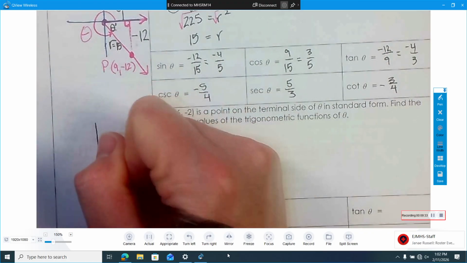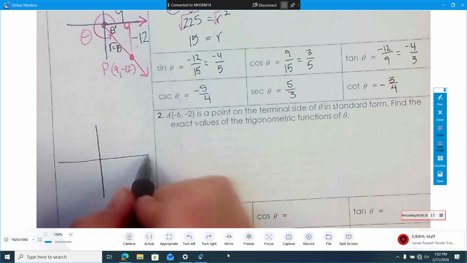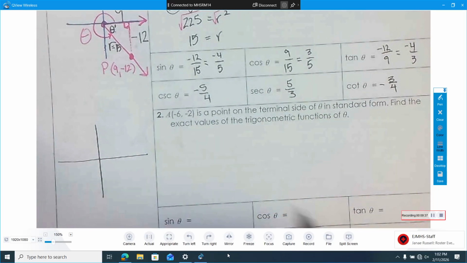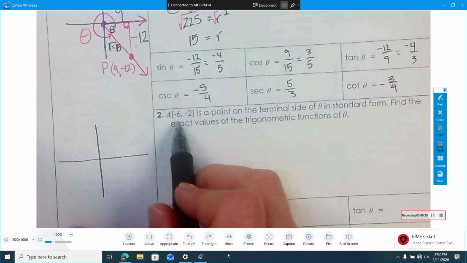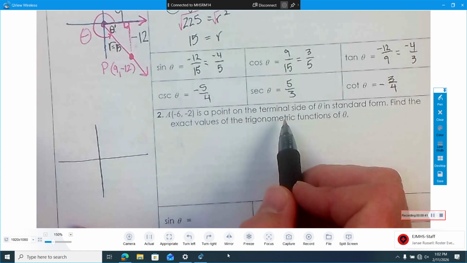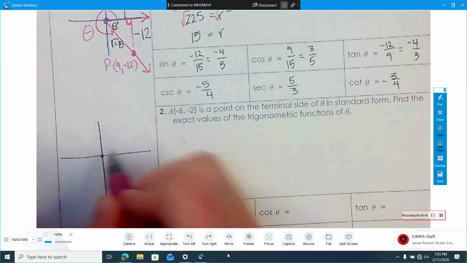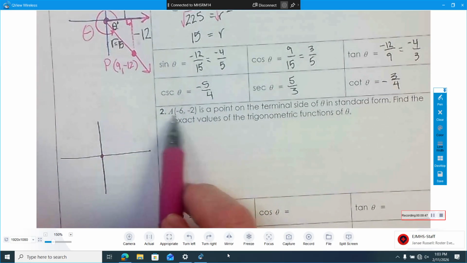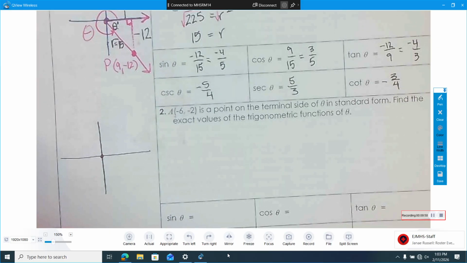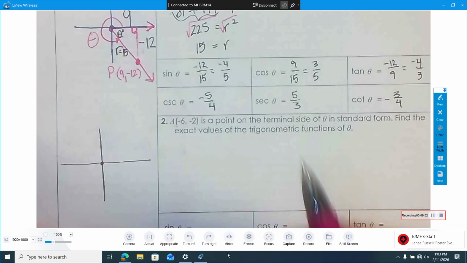So once again, all right. Negative 6, negative 2 is a point on the terminal side of an angle in standard position. So I'm going to draw my angle in standard position. What quadrant is negative 6, negative 2 in? Quadrant 3.